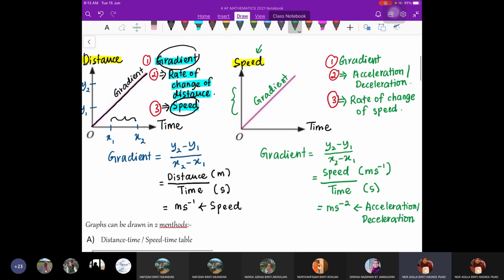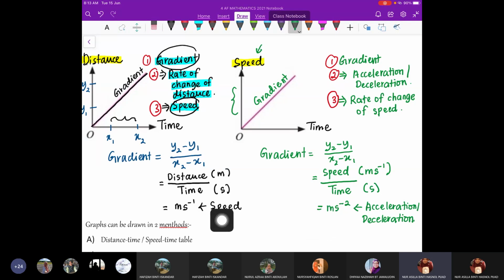Okay. Acceleration and deceleration. Beza unit dia dengan speed adalah di time tu, second. It does not need to be second all the time, sebab masa, there are 3 units. Ada hours, minutes, seconds. So kalau dia meter per hour, then hour tu, kalau dia negative 2, meaning that value is actually an acceleration or deceleration.